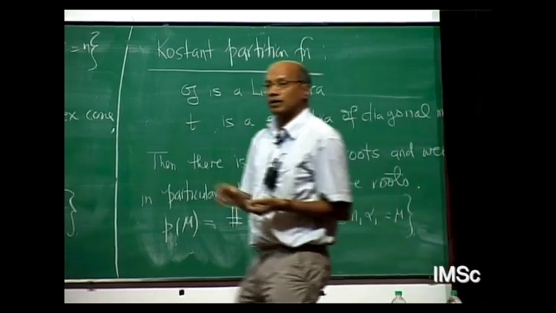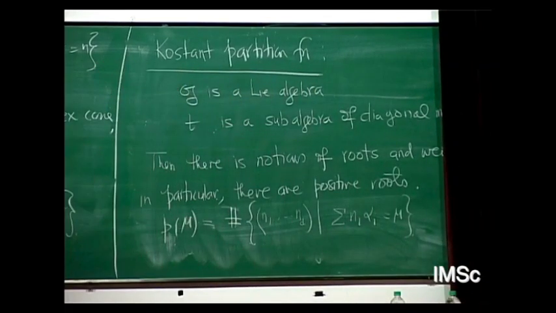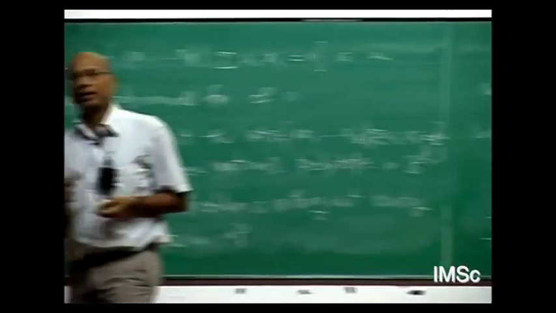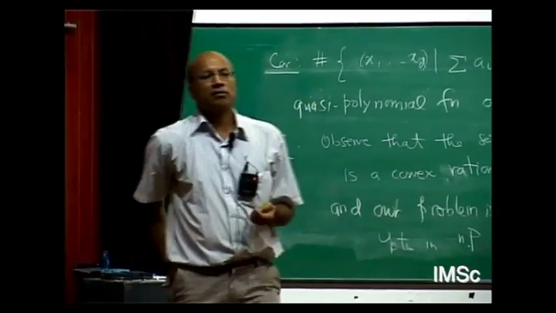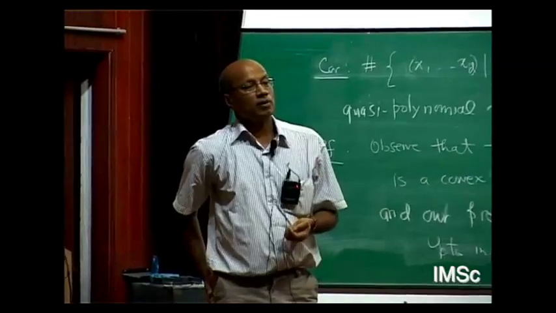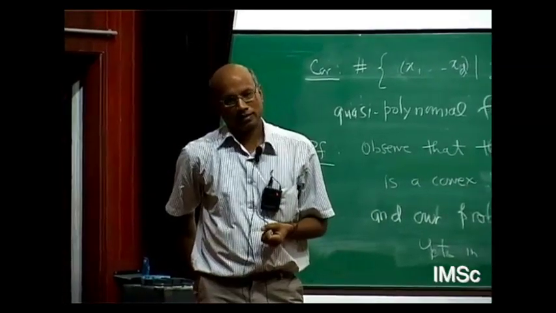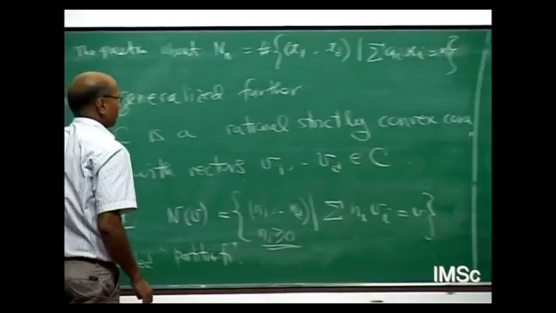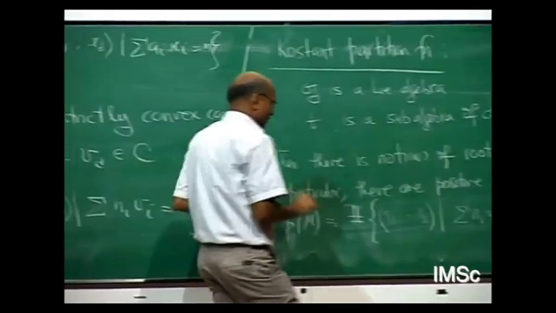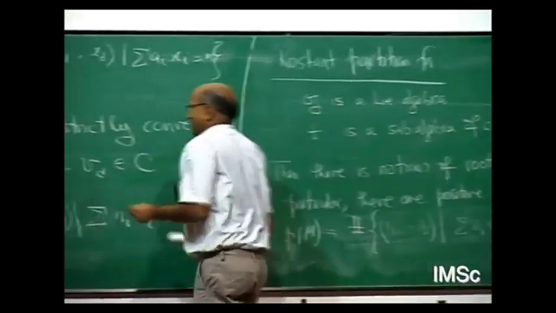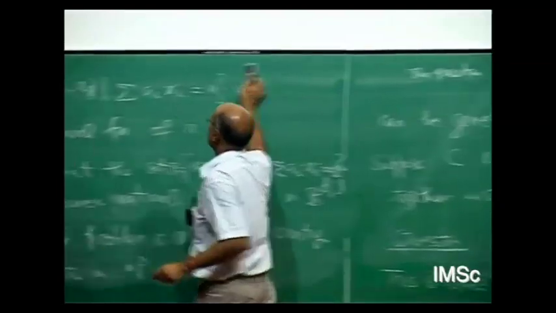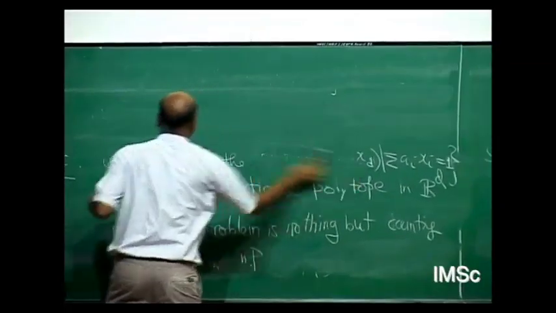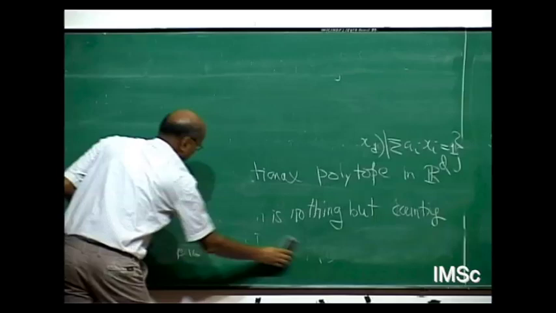There are these positive roots, and any weight which is in the Q span of the roots, you are trying to write it as a sum of these vectors. So I should maybe say what these vectors look like and what one is doing.